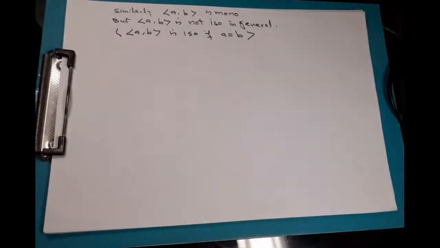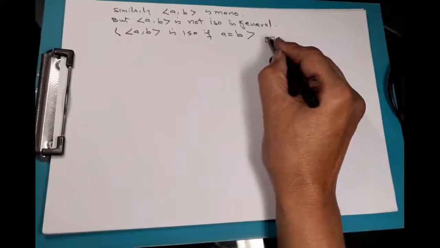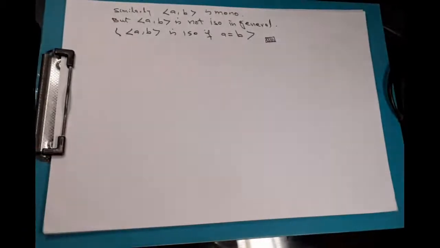So in the category of pre-ordered sets, there are morphisms which are epimorphism and monomorphism but are not isomorphism. So in general, in a category, a morphism which is epi as well as mono may not be iso.